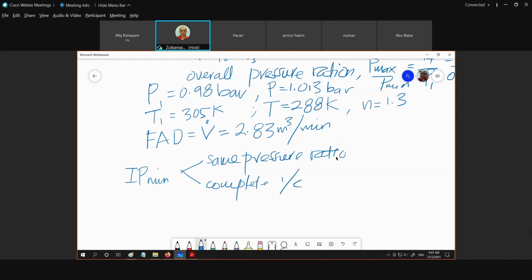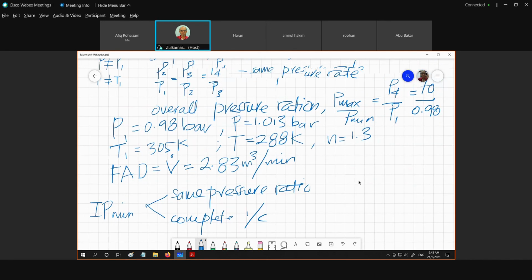So kita dah tuliskan di sini. Ini same pressure ratio, this is the pressure involved, this is the complete cooling. Okay, this is the condition 1.